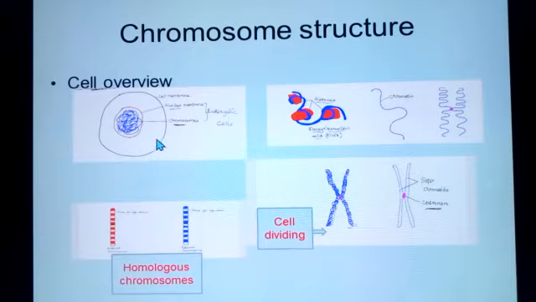Now, we also have another type of cell which has the nuclear material floating freely, positioned freely within the cell. And this is the type of cell that we call prokaryotic, as seen in bacteria.